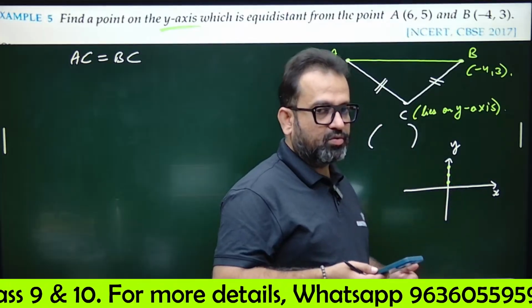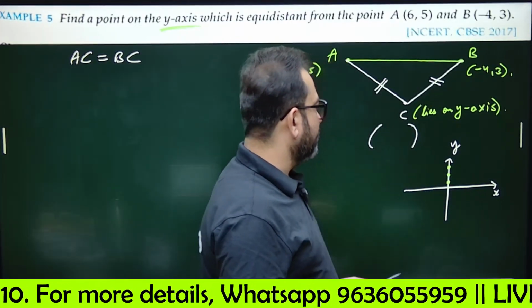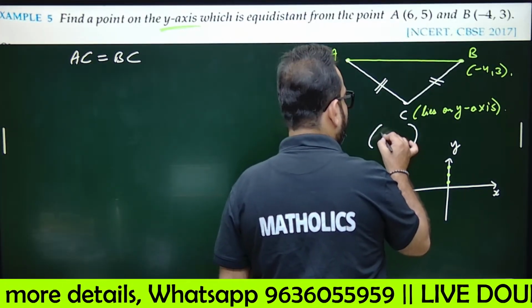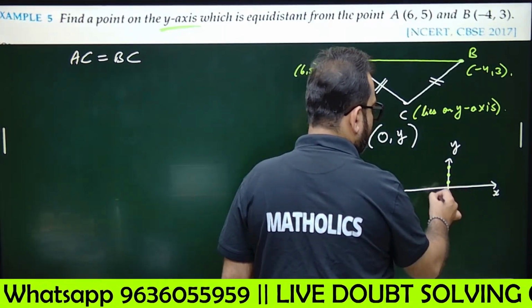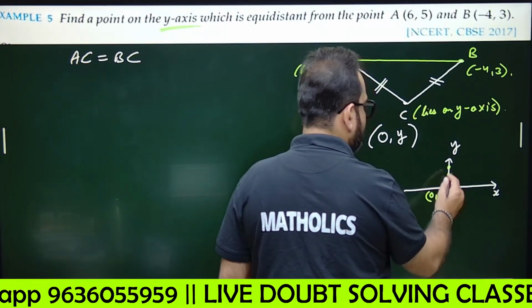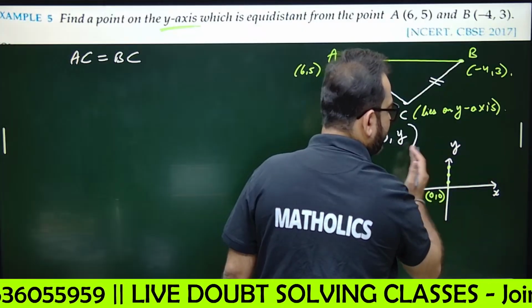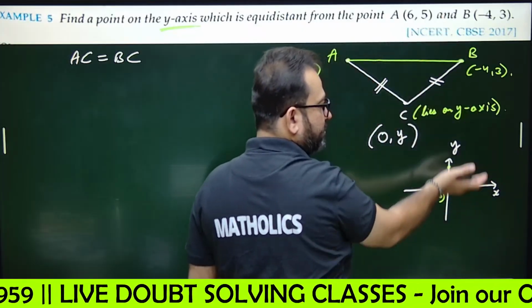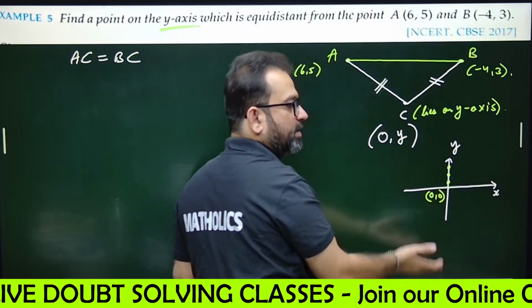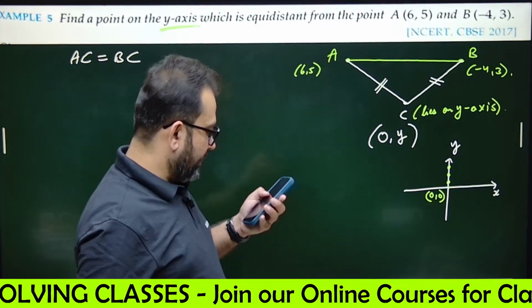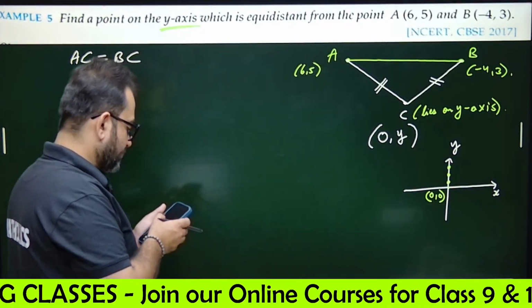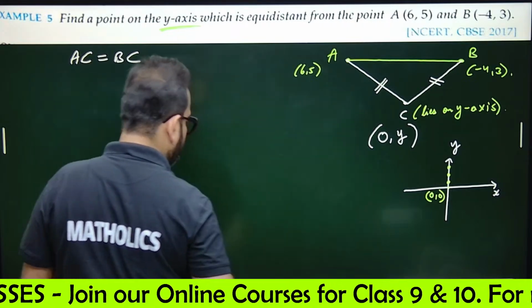X will be 0. This point will be (0, y). Why? Because this is not moving left and right. It is only moving upside or downside. So only y will change. X is fixed, so x is 0.